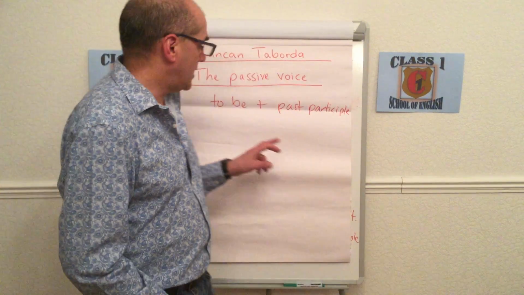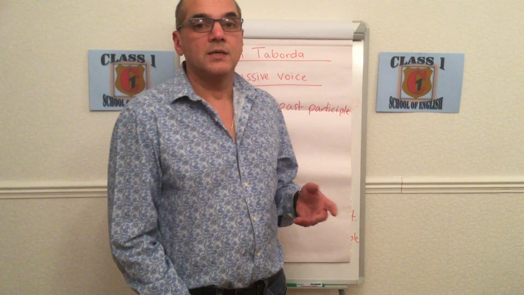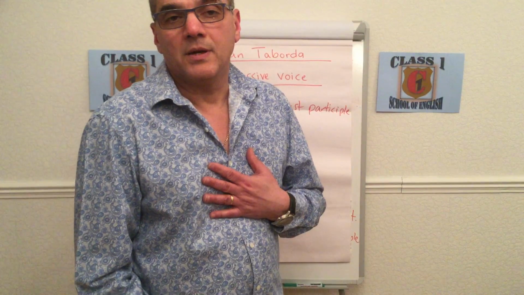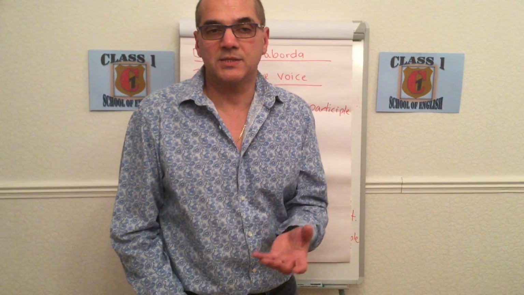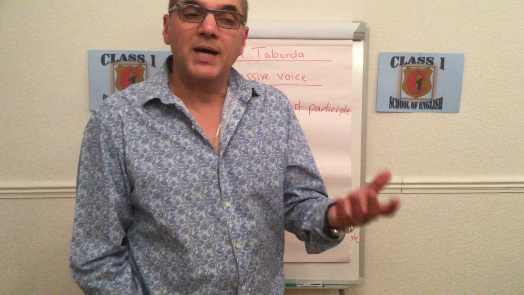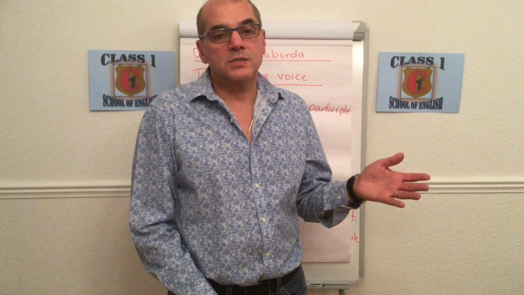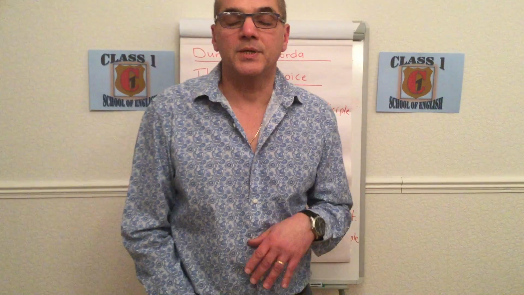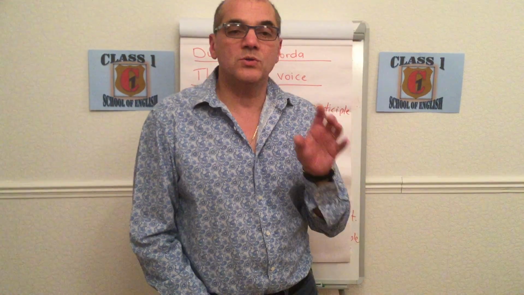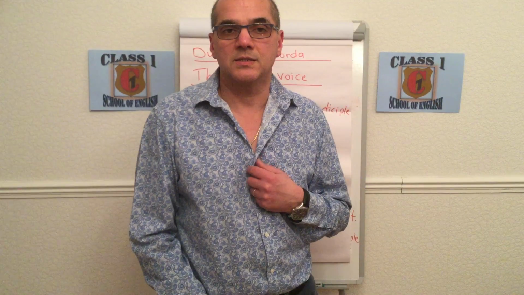Now, the verb to be, this is simply things like I am, you are, he is, am, is, or are in the present tense. In the past, am and is become was, are becomes were, and so on and so forth. But the verb to be is used in every passive voice sentence, okay?